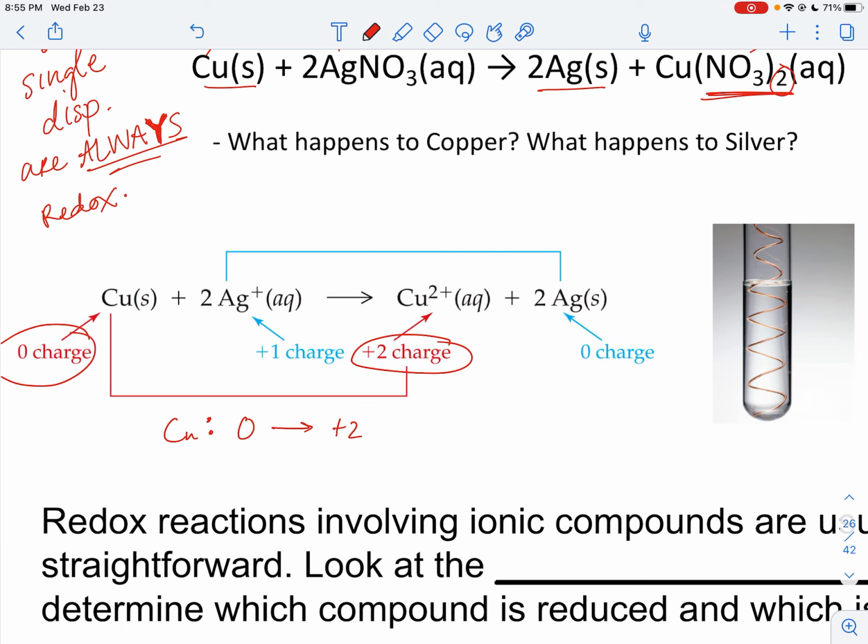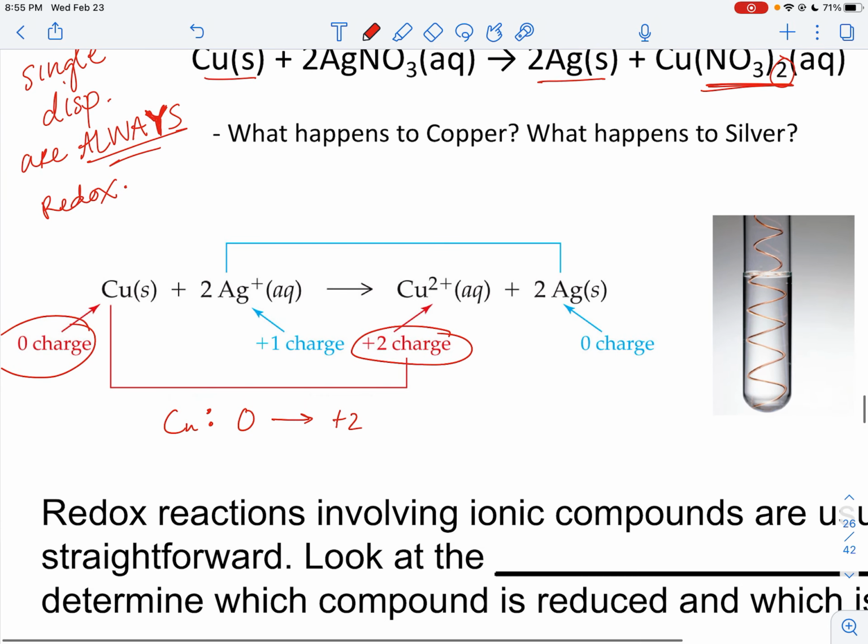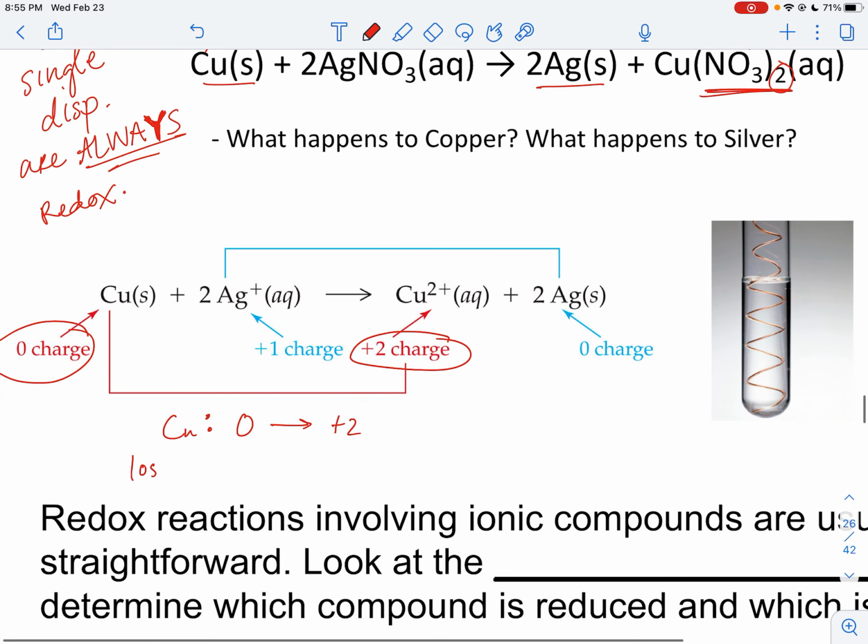Now think about whether this is oxidation or reduction. Did copper gain electrons or lose electrons? If you gain electrons, your charge should go down. So it didn't gain electrons. It lost electrons. It gave up 2 electrons. So this is oxidation. We would say copper was oxidized.